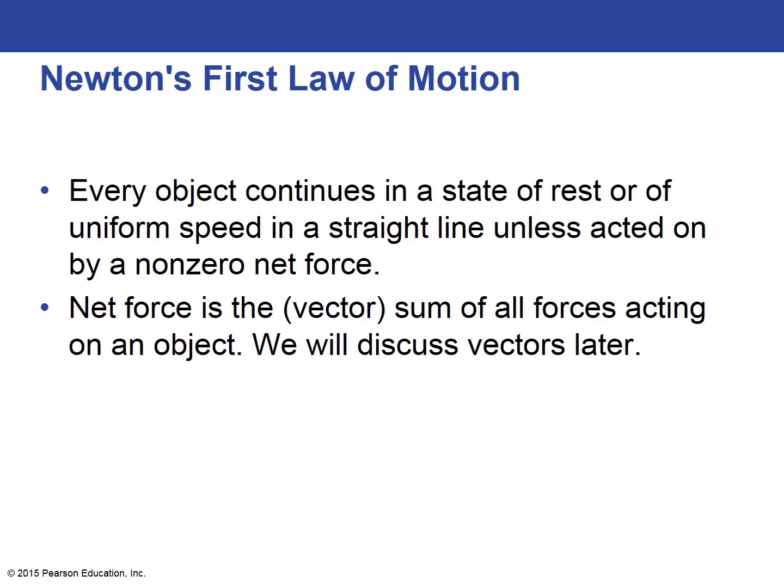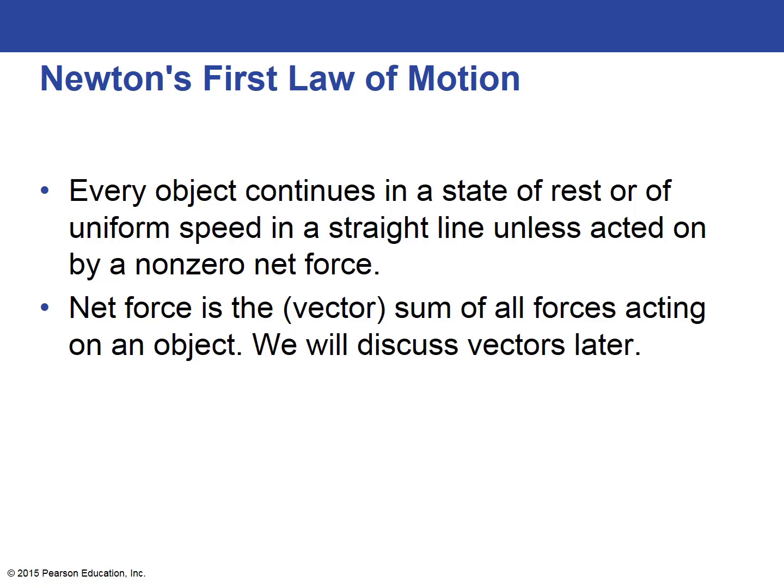Objects that are in motion at uniform speed will remain at uniform speed, and objects at rest will remain at rest as long as there are no net forces acting on the particle. What we mean by net force is the sum of all forces.